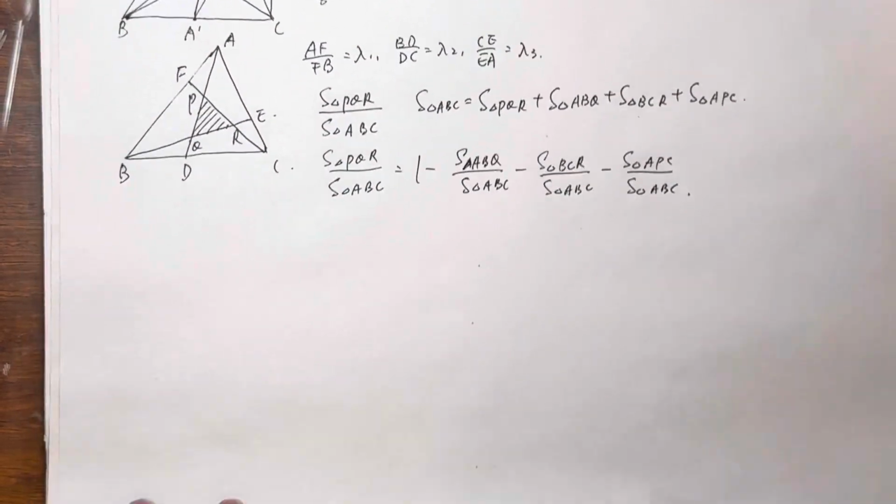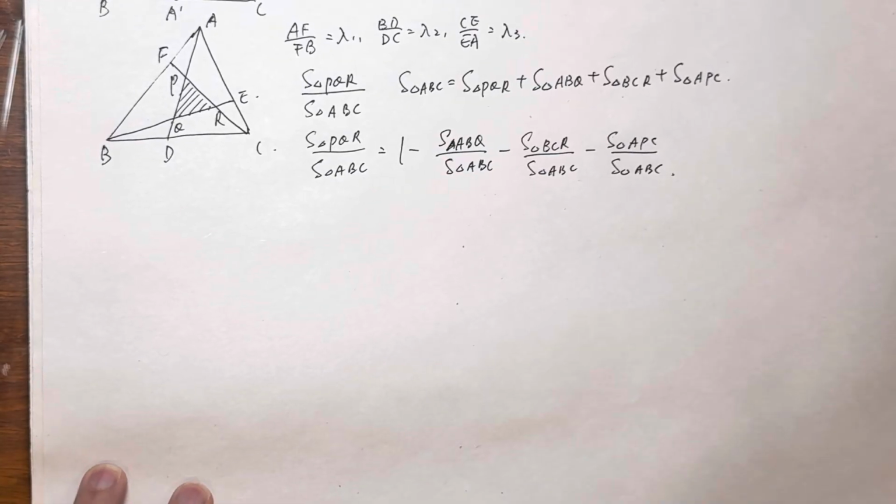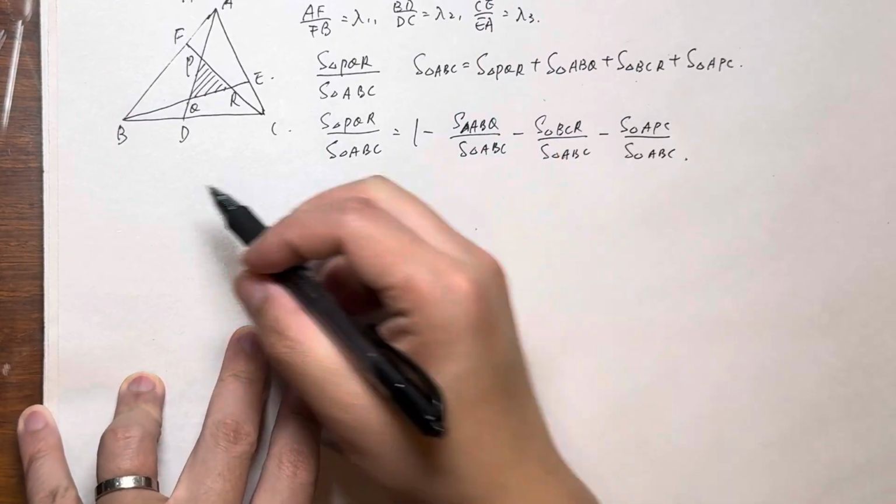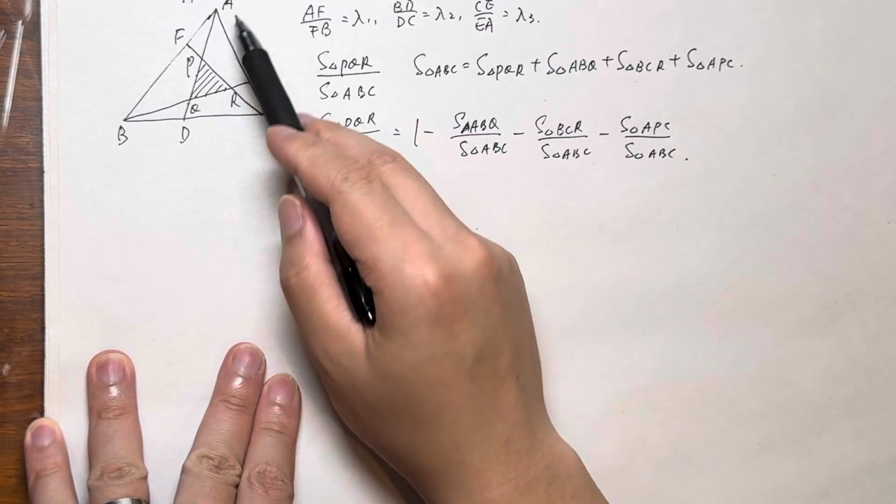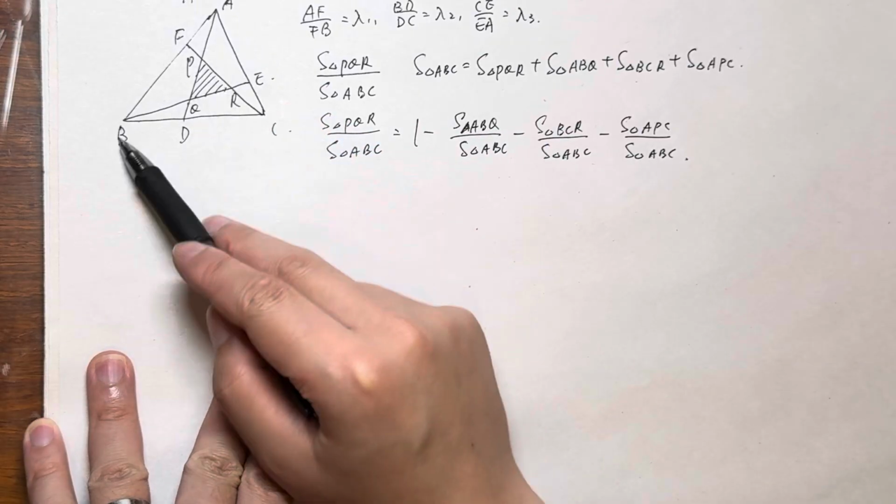So let's think about this one. How can we calculate the area of triangle ABQ to the area of triangle ABC?